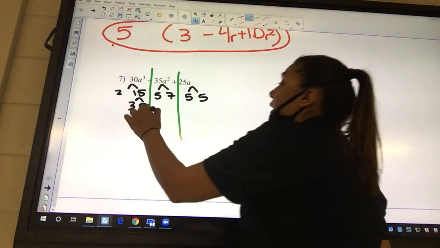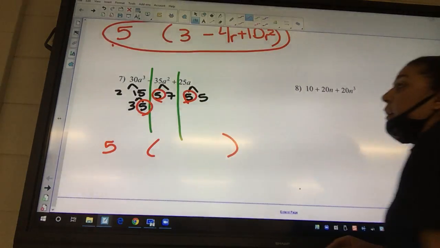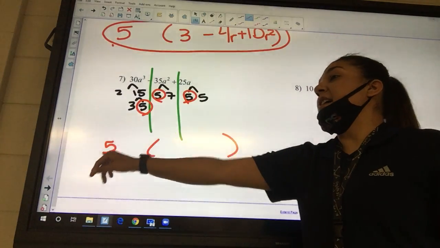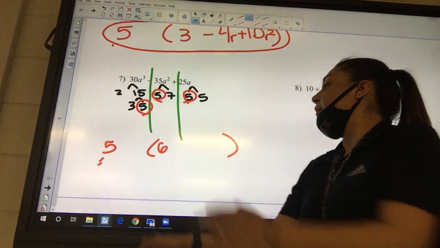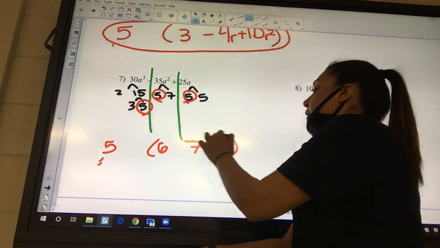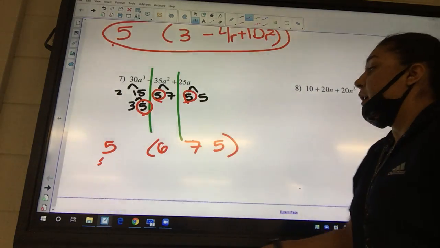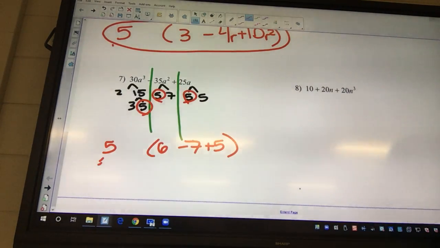Okay, what number is going to go on the outside? A 5. Okay, 30 divided by 5. 35 divided by 5, 7. 25 divided by 5, 5. Keep the signs. And then what about our letters?